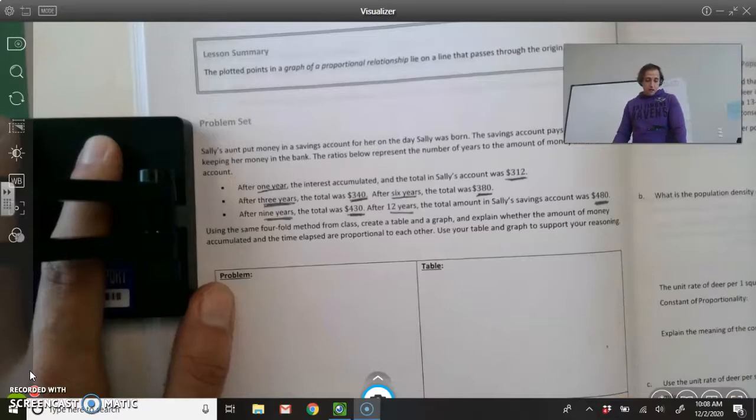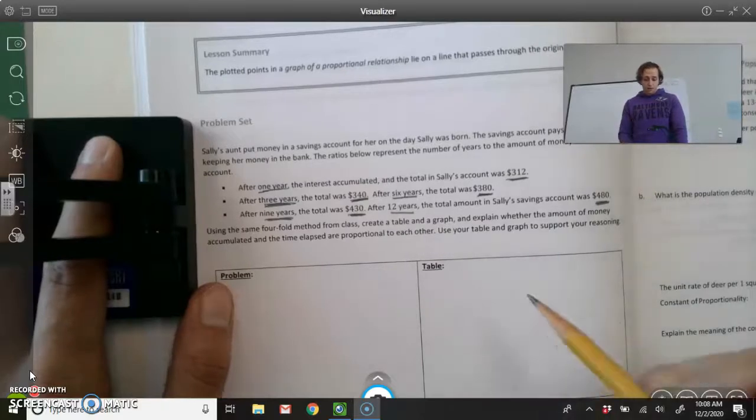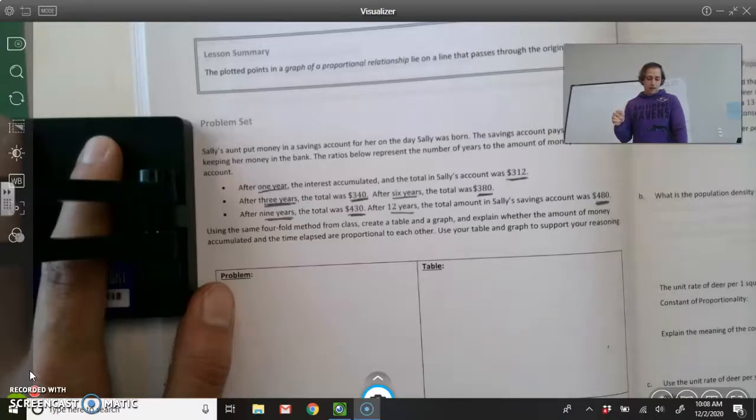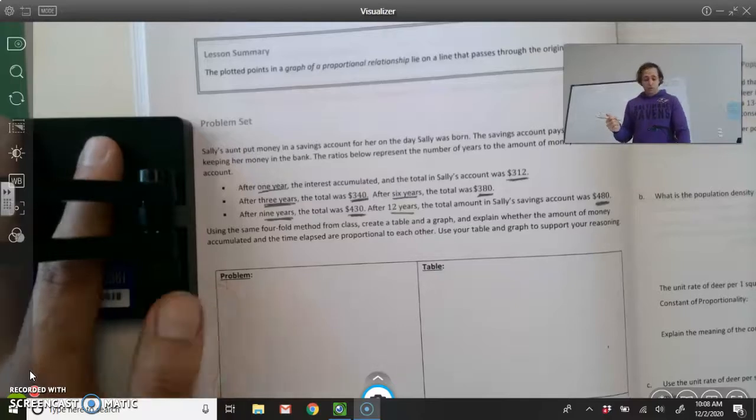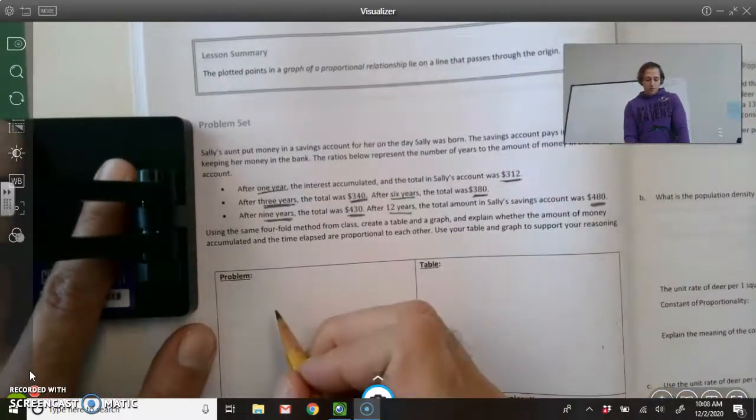Using the same fourfold method from class, this is the method that you'll actually use to practice after we're done, create a table and a graph and explain whether the amount of money accumulated and the time elapsed are proportional to each other. Use your table and graph to support your reasoning. So what is our problem asking?